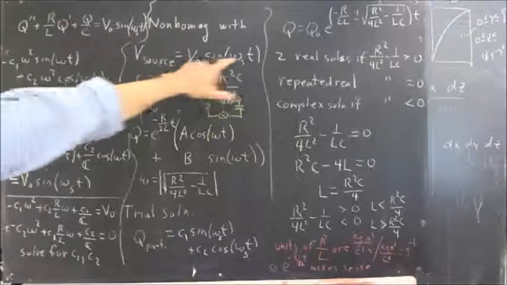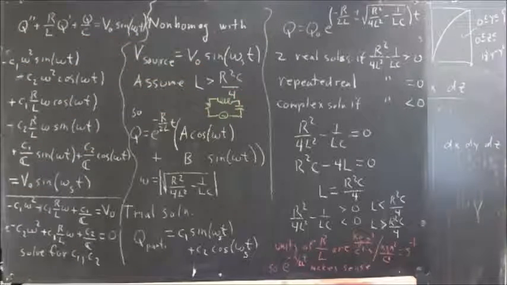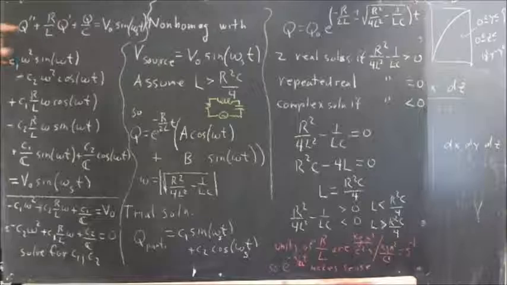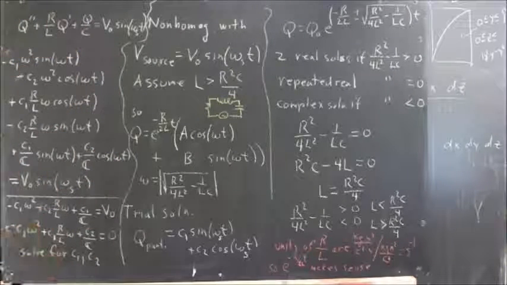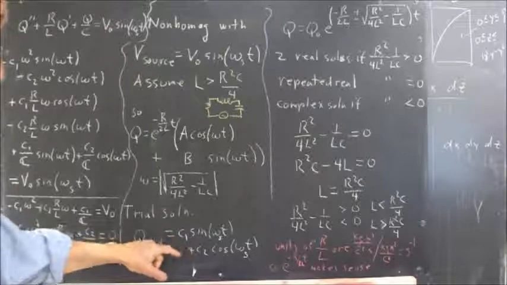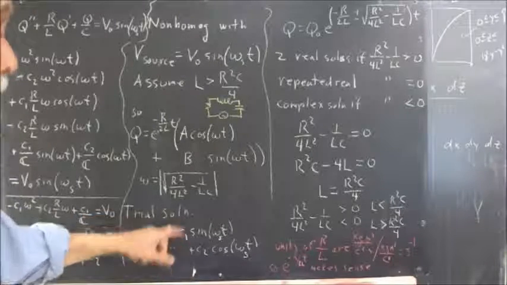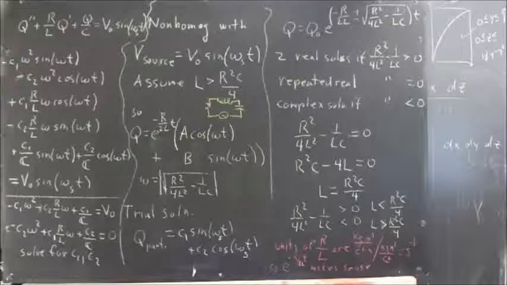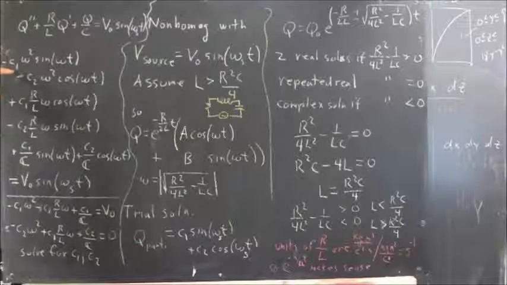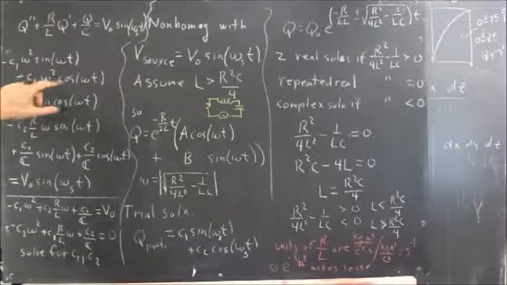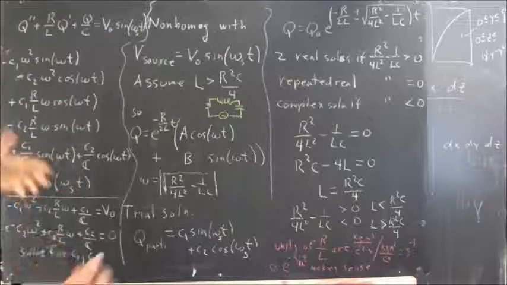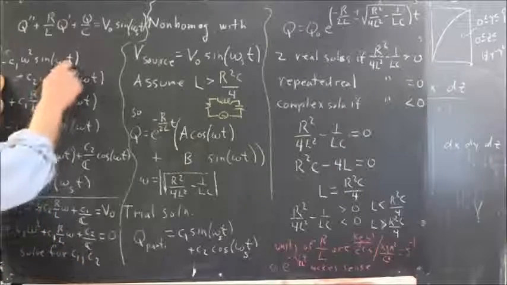And plugging that into the equation, you're probably not going to be able to read that, but it's just the same thing we had here. We take the derivatives. I'm not going to write this out, but the second derivative of this is negative omega squared times just what we have here. So the second derivative is going to give us negative C1 omega squared times the sine, negative C2 omega squared times the cosine of omega s t.